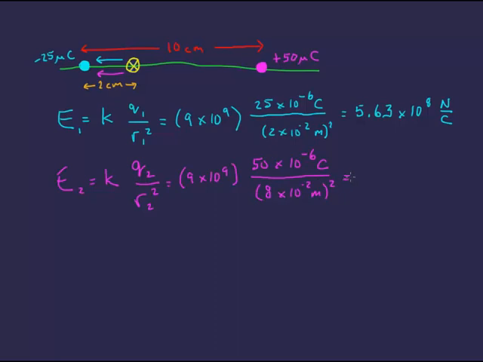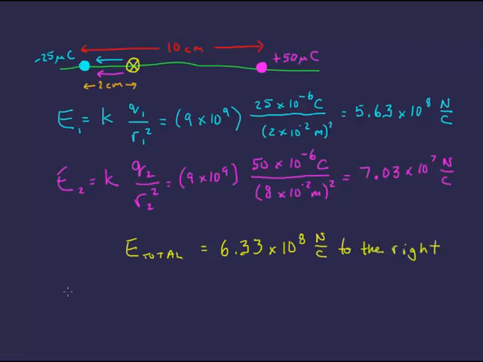And that's going to come out to 7.03 times 10 to the 7 newtons per coulomb. If we sum these, we're going to get that the total or net field will be the sum of those two numbers, which is 6.33 times 10 to the 8 newtons per coulomb to the right.